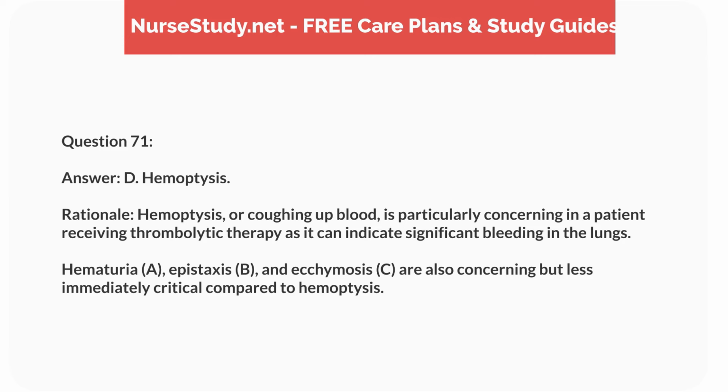Answer: D. Hemoptysis. Rationale: hemoptysis, or coughing up blood, is particularly concerning in a patient receiving thrombolytic therapy as it can indicate significant bleeding in the lungs. Hematuria, A, epistaxis, B, and ecchymosis, C, are also concerning but less immediately critical compared to hemoptysis.